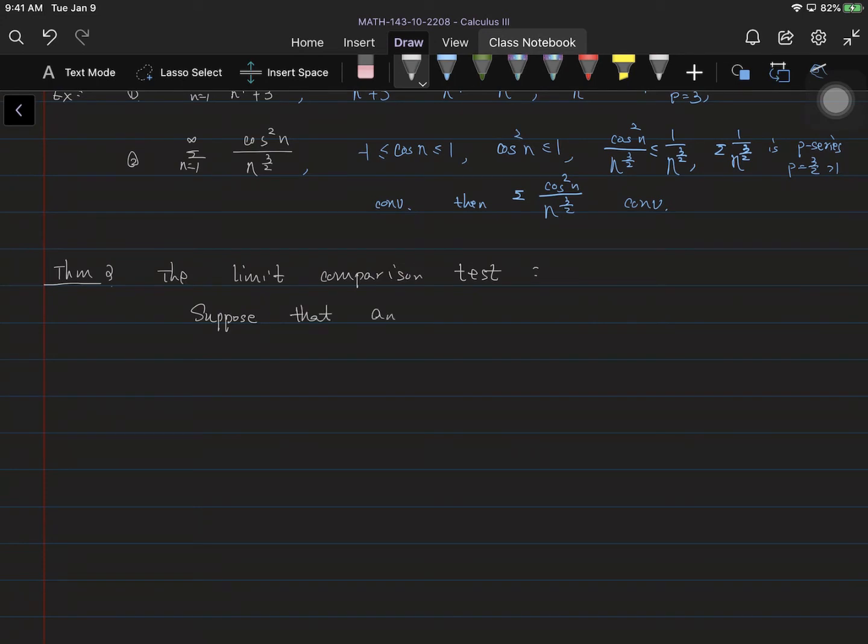Suppose that an greater than 0, bn greater than 0 for all n greater or equal to N. First, if the limit of an over bn is a number c, then both series an and bn converge or diverge.